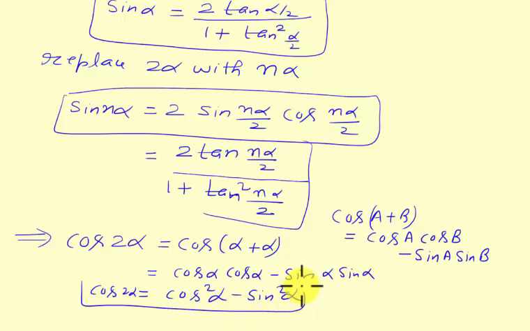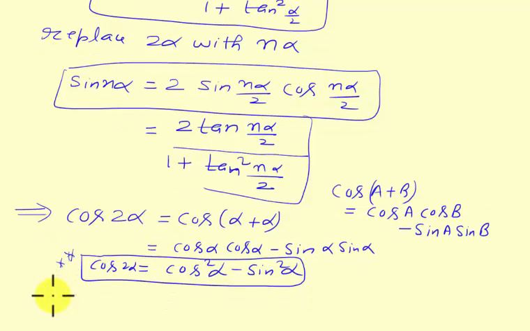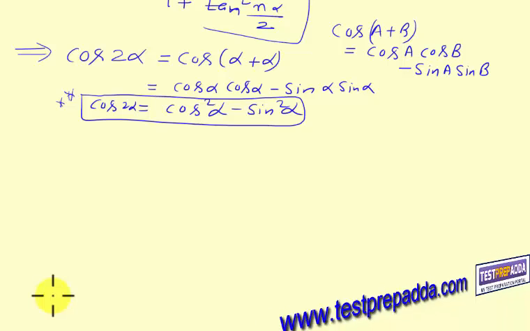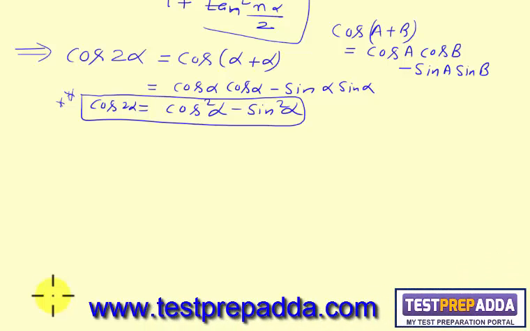A very interesting identity. Cos 2 alpha is coming cos square alpha minus sin square alpha.